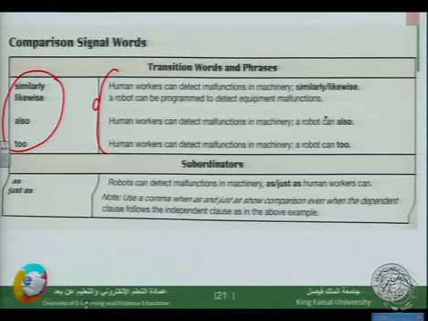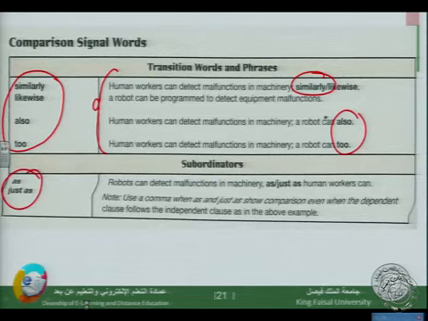Similarly, or likewise, a robot can be programmed to detect equipment malfunctions. فلاحظوا similarly, كذلك, فهذا بنسميها comparison signal words. Human workers can detect malfunctions in machinery. A robot can also, أو too. فبنستخدم similarly, likewise, also, too لنعبر عن comparison signal words.